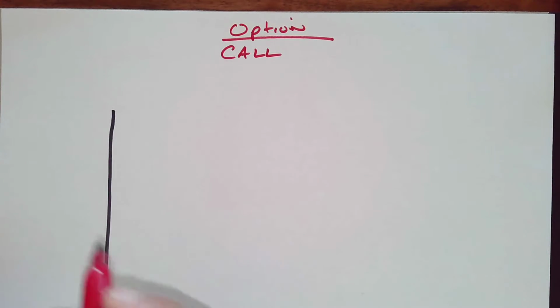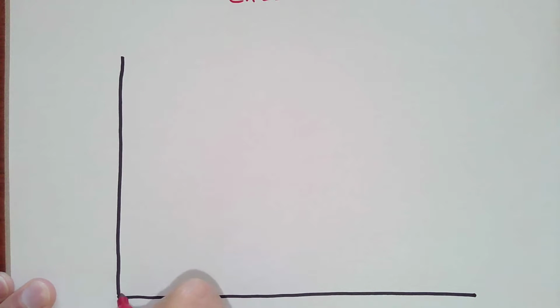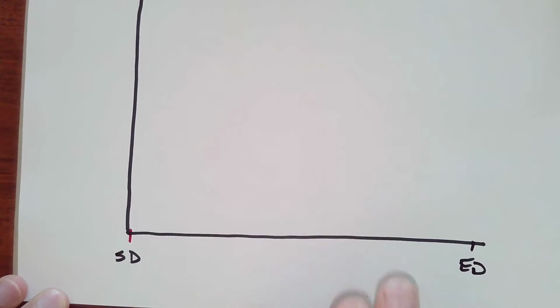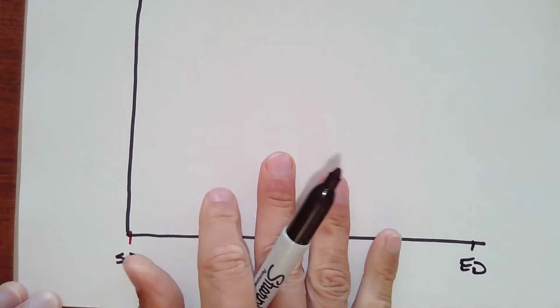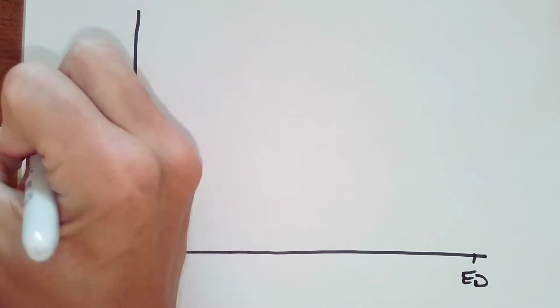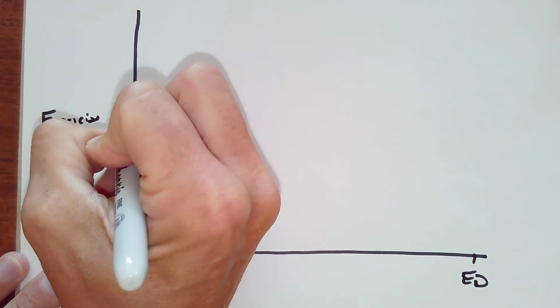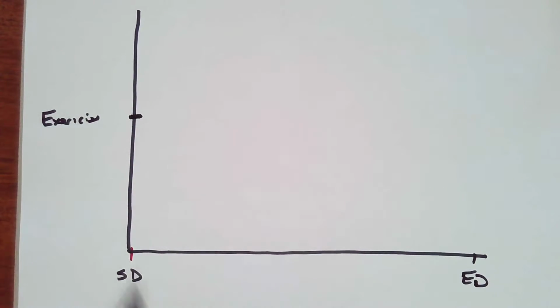So let's assume for a moment, and this is start date, and this is expiration date. Okay, start date, expiration date. Let's assume for a moment that our exercise price is right here. Okay? That's our exercise price.